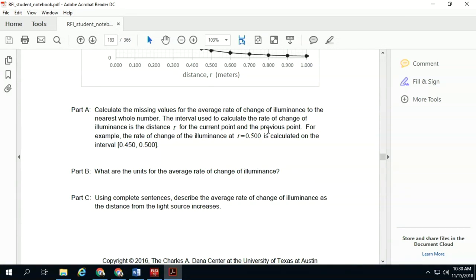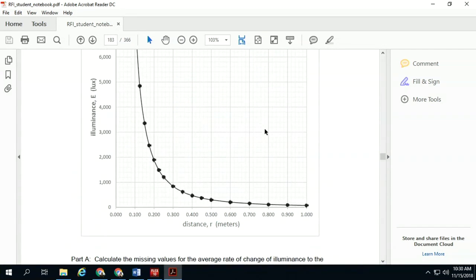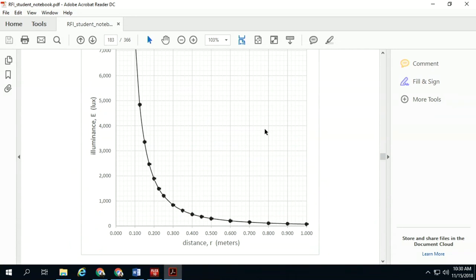What are the units for the average rate of illuminance? We haven't done a lot of reminding ourselves what the units for rate of change are. Remember, it's always this axis over this axis. So we would say lux per meter, right? Slope is the change in y over the change in x. So in this case, the rate of change is in lux per meter.